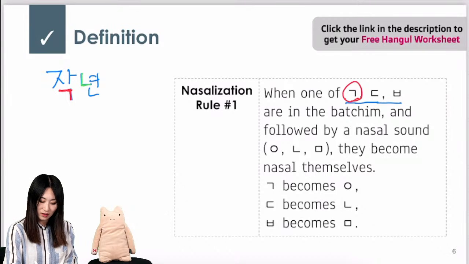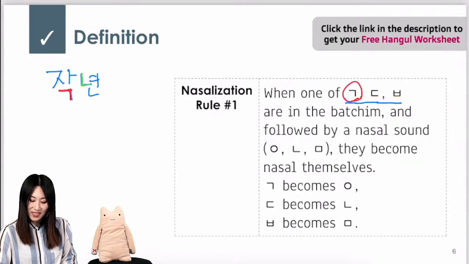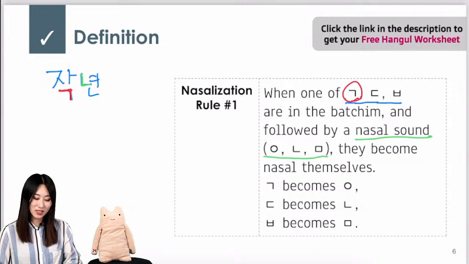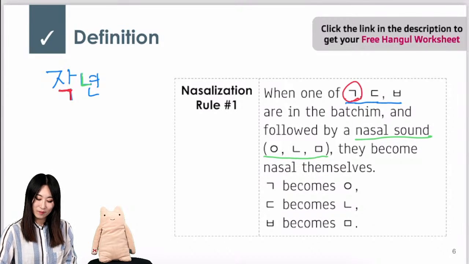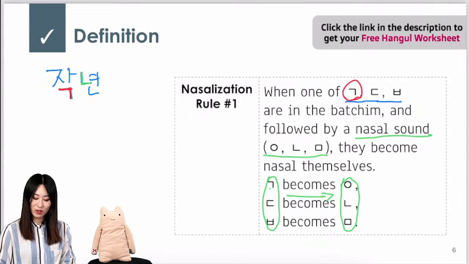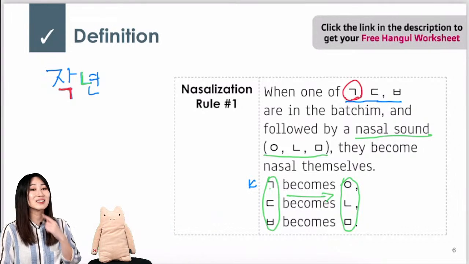and nasal sounds follow. Then what happens is these 받침 sounds are changed to this sound. So this one is an air blocking sound. The nasal version is ng.